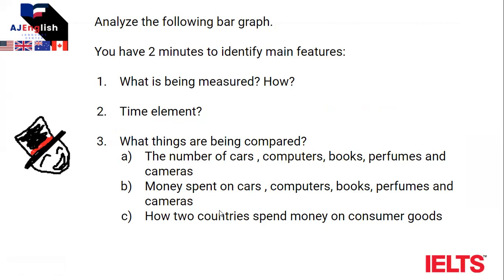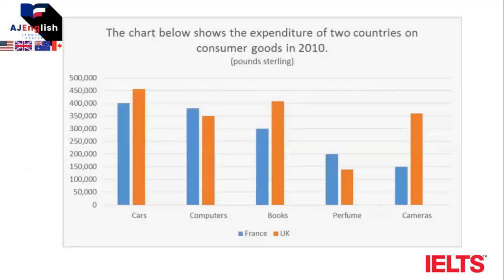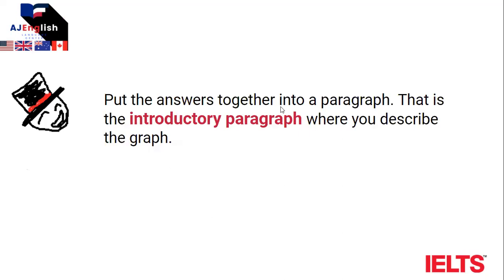You don't need to print anything, just write the answers down. This is mental work, so you don't have to really think about writing it all down. All you're going to do is answer the questions. Look at the graph, pause the video, write your answers. You put the answers together into a paragraph.